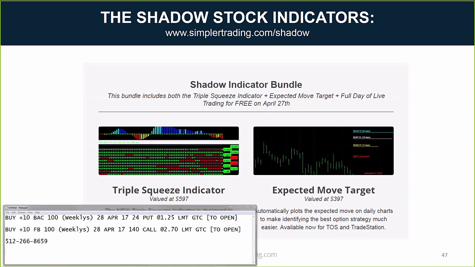This may be a dumb question, but how do institutions push down a stock to defend a position? Okay, so no, not a dumb question. So let's say that you're an institution and you sold 5,000 naked calls on Facebook at 143. Okay, so 5,000 calls represents 500,000 shares of stock.